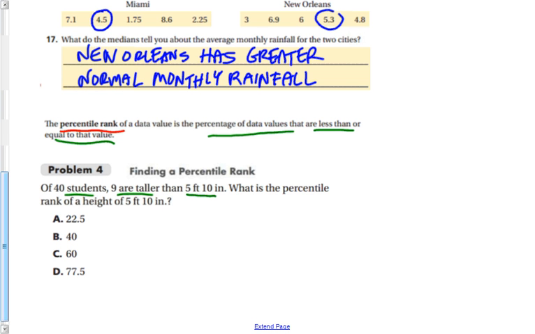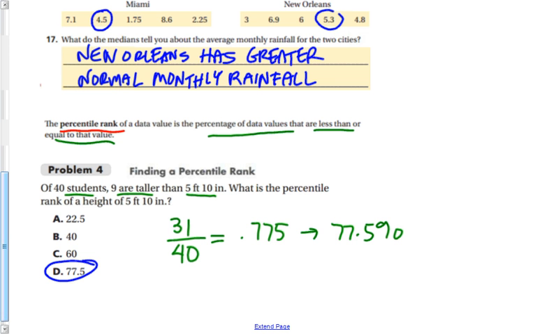Since 9 are taller, that means that 31 are less than or equal to, out of 40. And if we divide those two numbers, we get 0.775, which changing it to a percent is 77.5%. So in this case, a person that's 5'10" is in the 77.5 percentile. So answer D. Go ahead, you try that.